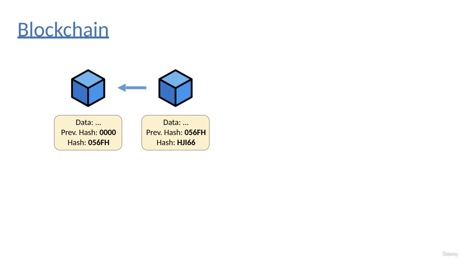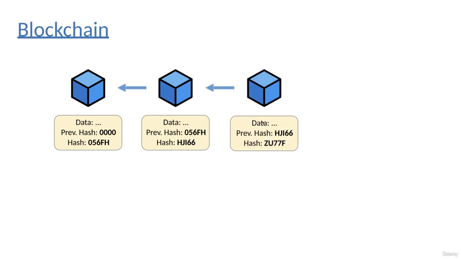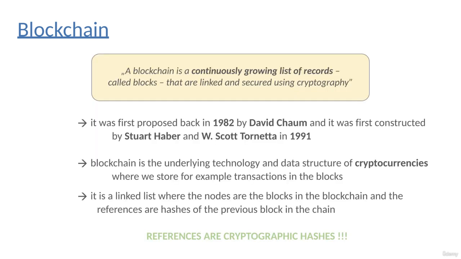If we have another block in the blockchain, then of course we can store whatever data we want, for example other transactions. We have the hash of the actual block, and of course we have the previous hash that is pointing to the previous block in the blockchain. So this is why we have been saying that a blockchain is a continuously growing list of records that are linked and secured using cryptography.